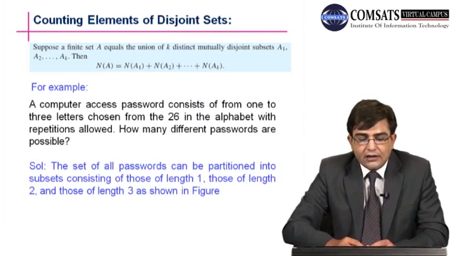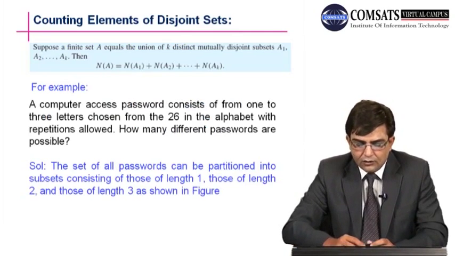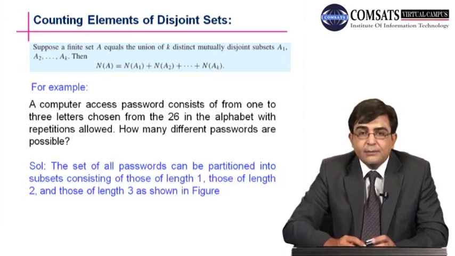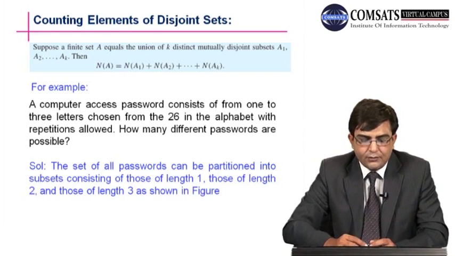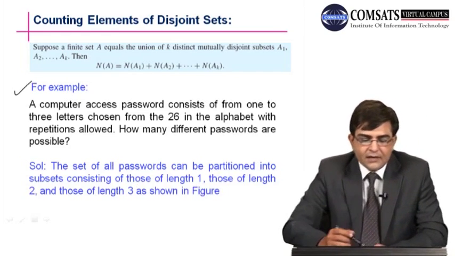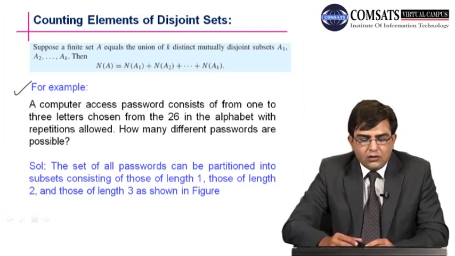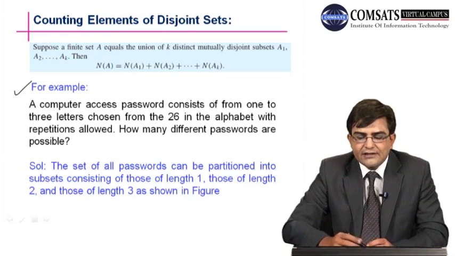Now we start counting elements of disjoint sets. What is the application of this topic, we'll see on the next slide, or the example is given here. Suppose we are given a finite set A equal to the union of k distinct mutually disjoint subsets. Now what is distinct, what is mutually disjoint subsets?